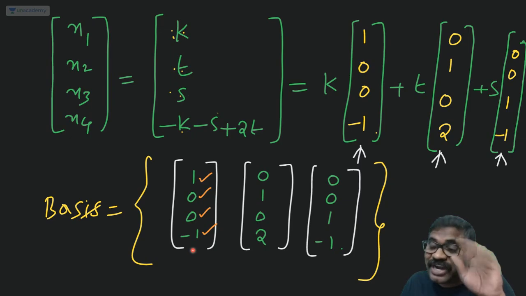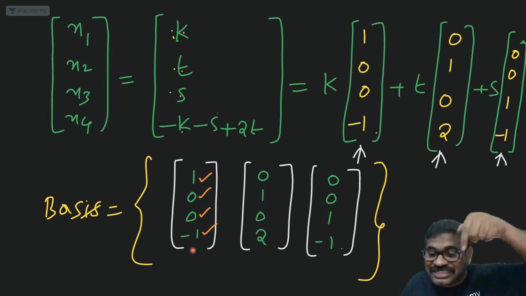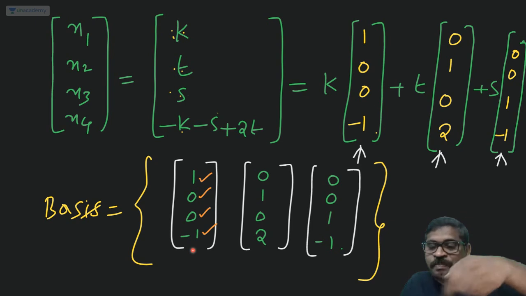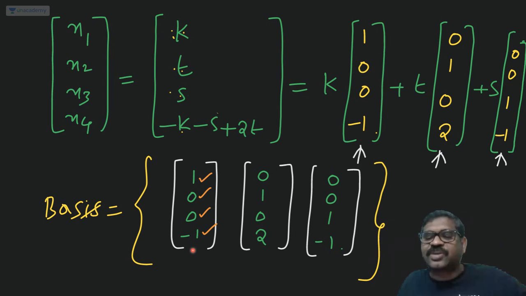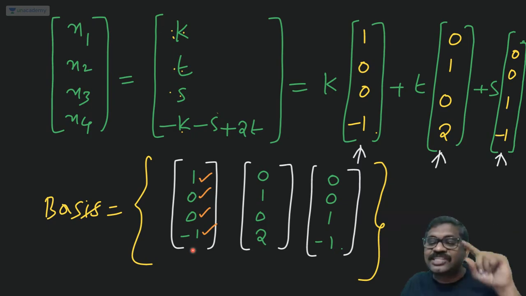What is the difference? Yesterday I gave one example. There the vector space is R cube, and the basis also consists of 3 independent vectors for R cube. Clear? That's why you can say that it spans. But here you have 3 vectors of dimension 4.